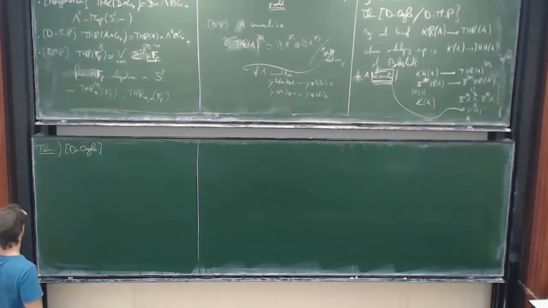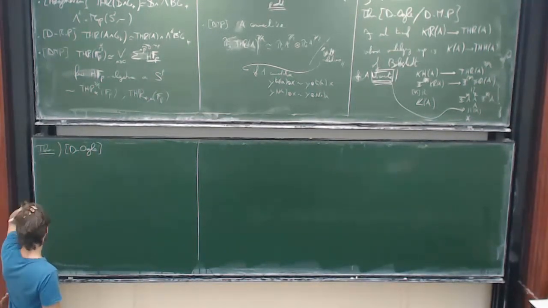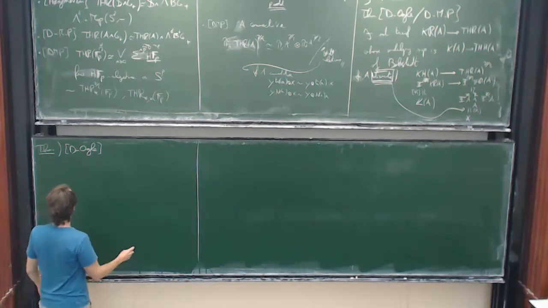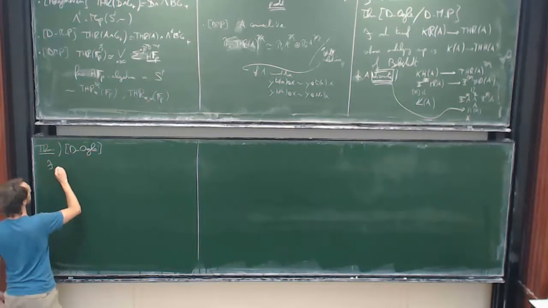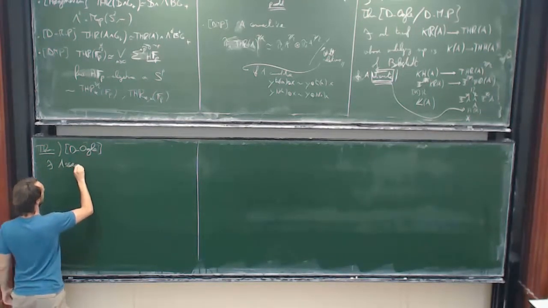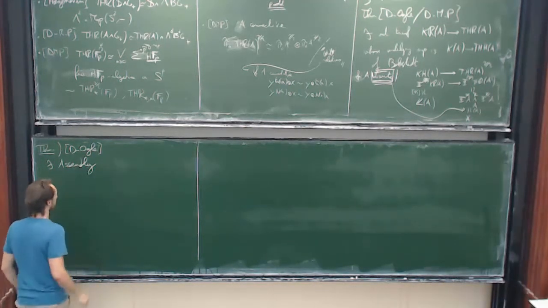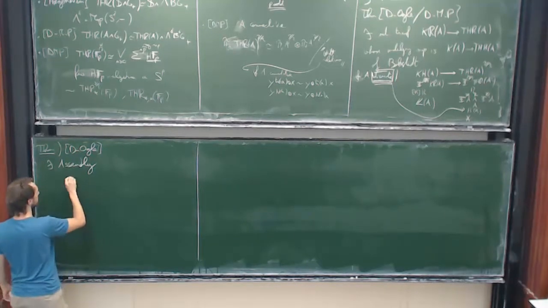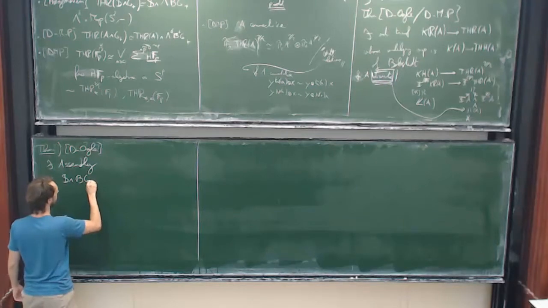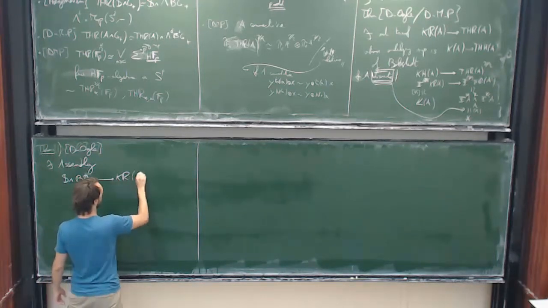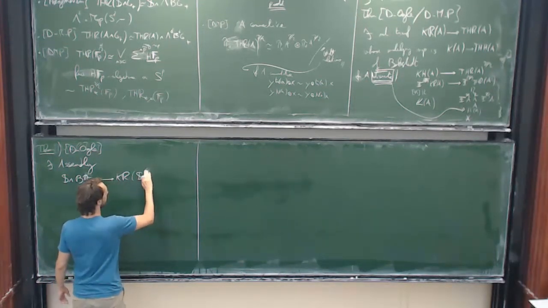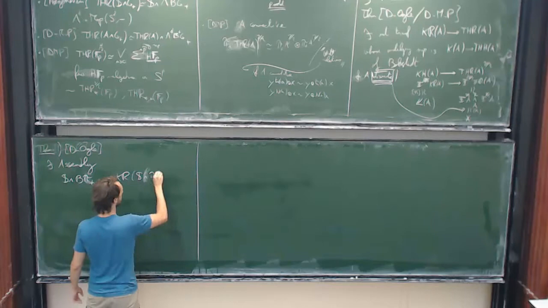So, let's see. There is an assembly that goes from the suspension spectrum of Bπ, actually call it π, into the real K-theory of the spherical group ring.